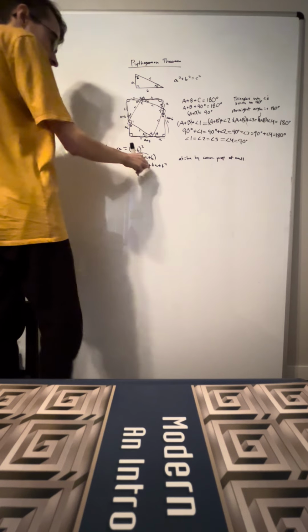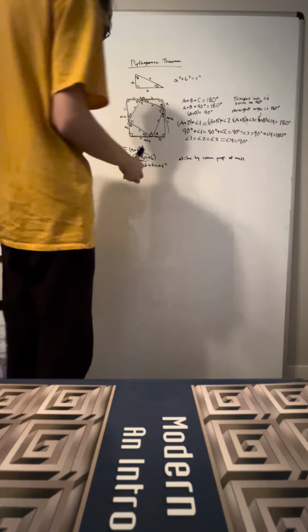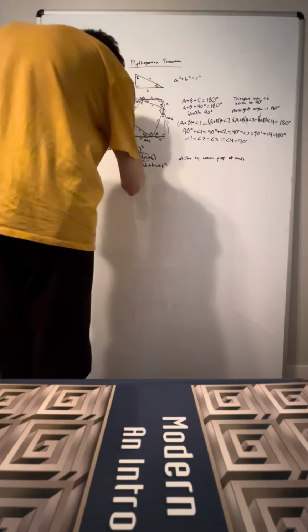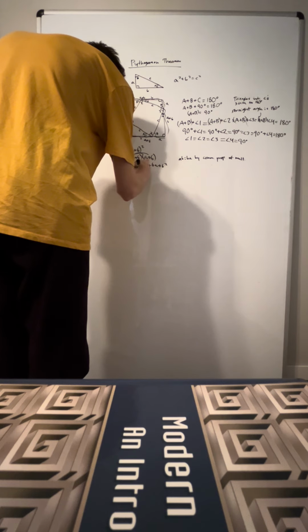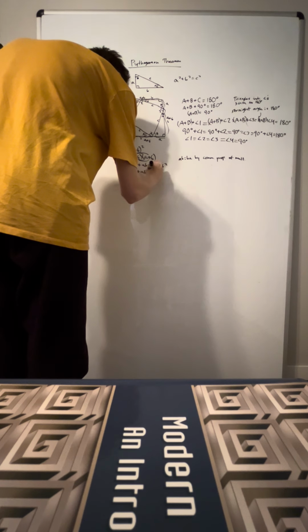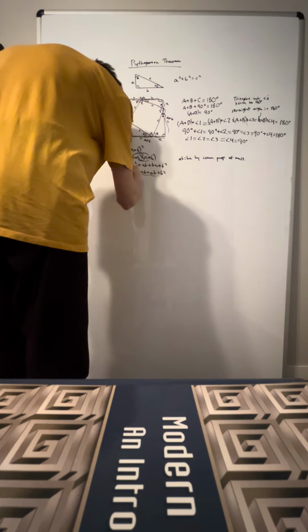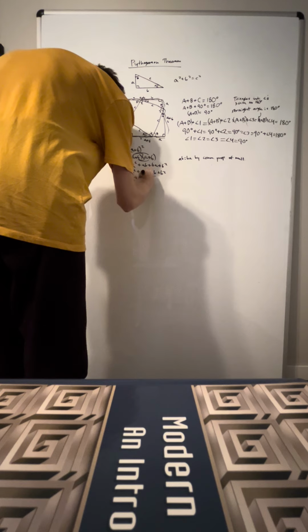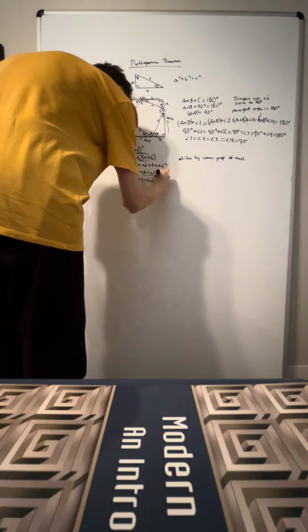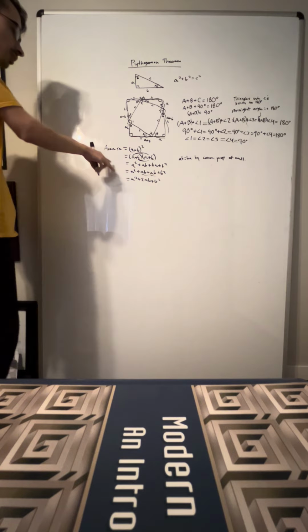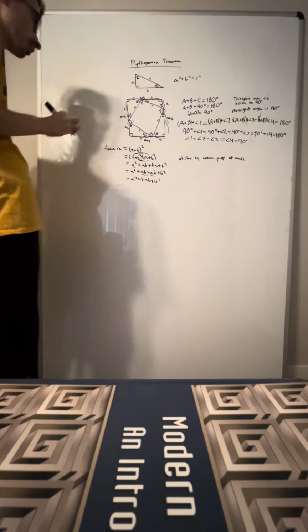So because of that, we can substitute this in here. So this is the same as saying A squared plus AB plus AB plus B squared. Then you combine the like terms, equals A squared plus 2AB plus B squared. So that's the area of the whole thing in here.